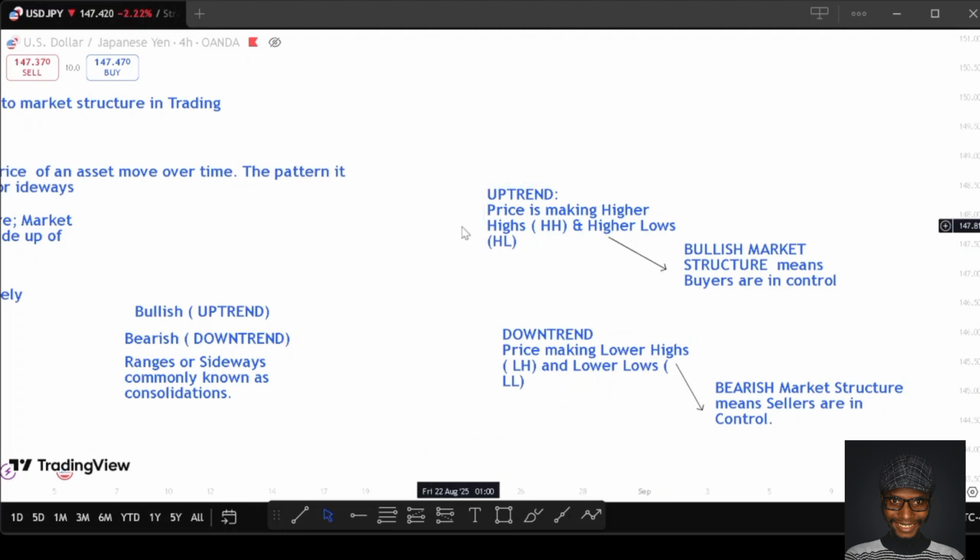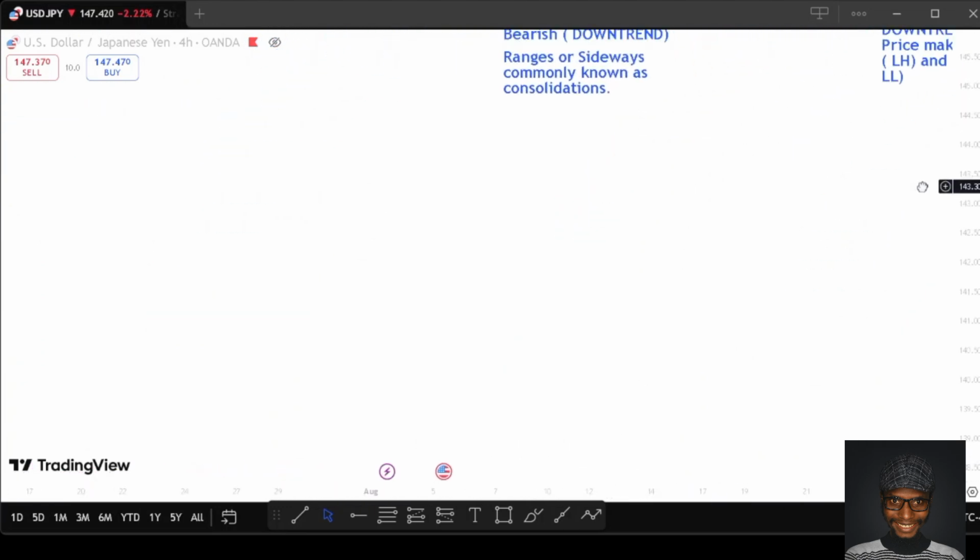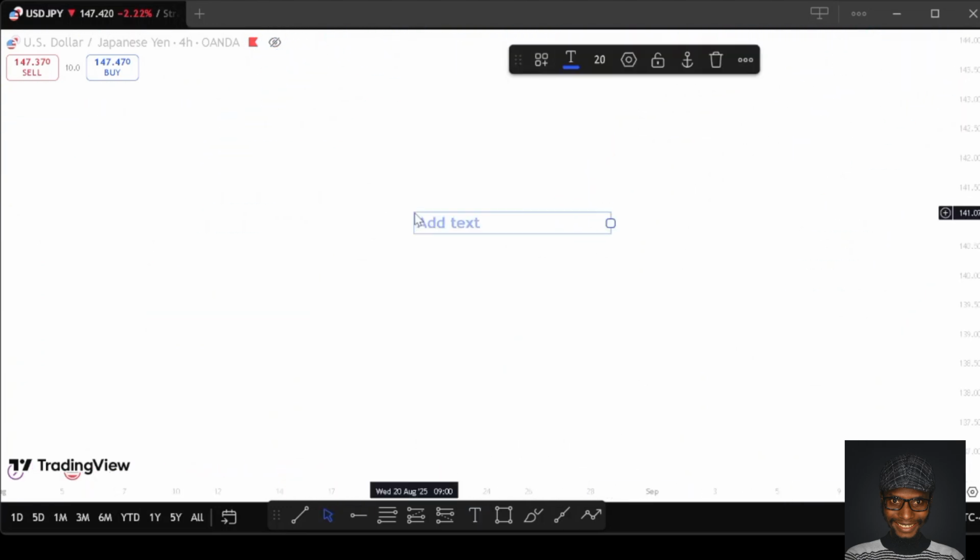Now let's go to the last type, which is range or sideways, commonly known as consolidation.